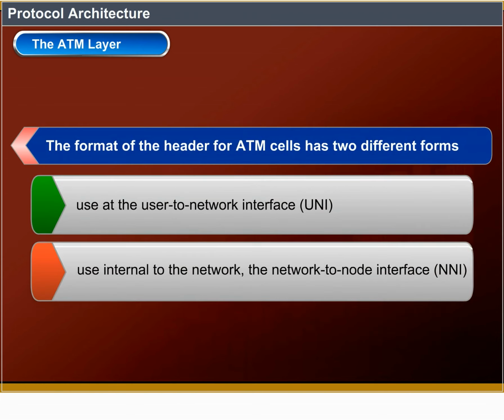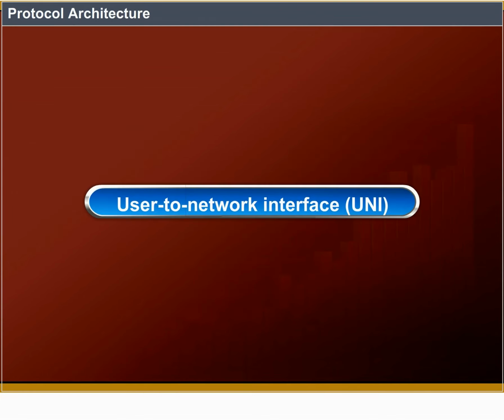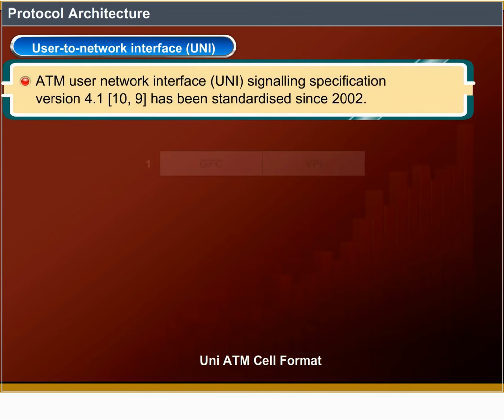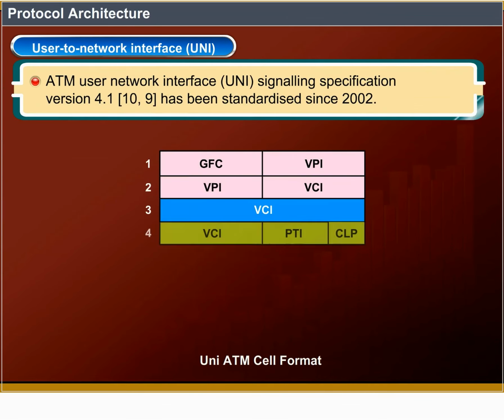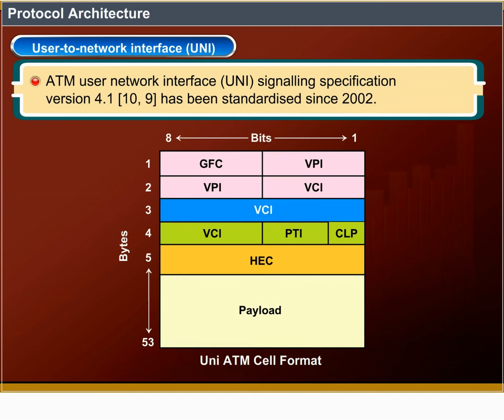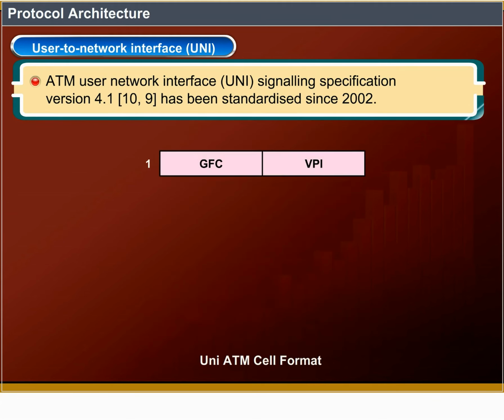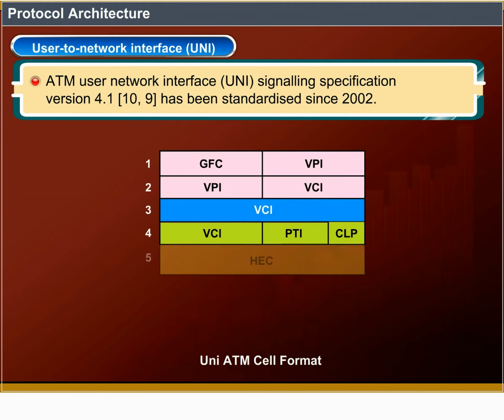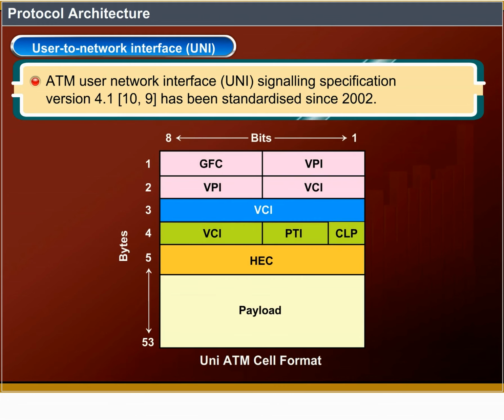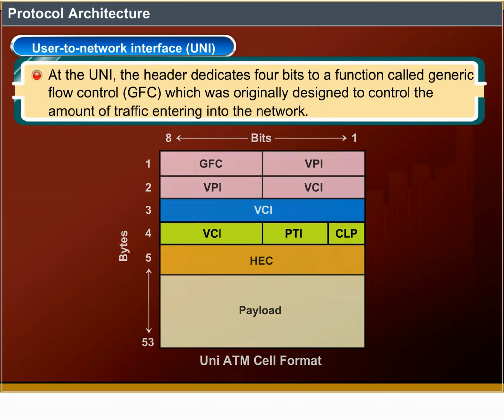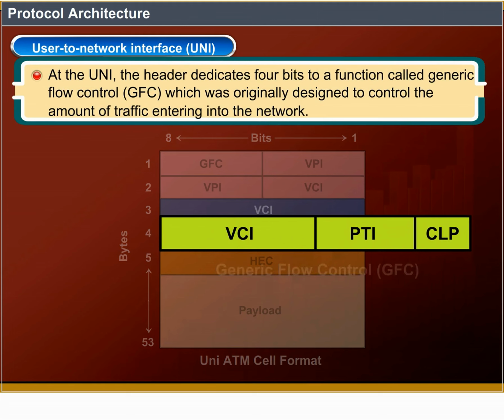Network to node interface, NNI. At the NNI, the header dedicates 4 bits to the Virtual Path Identifier (VPI). The payload type indicator (PTI) field is used to distinguish between cells carrying user data and cells containing control information.